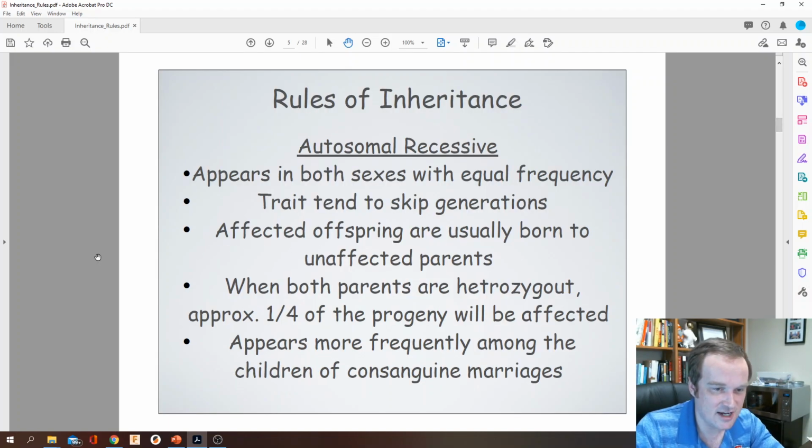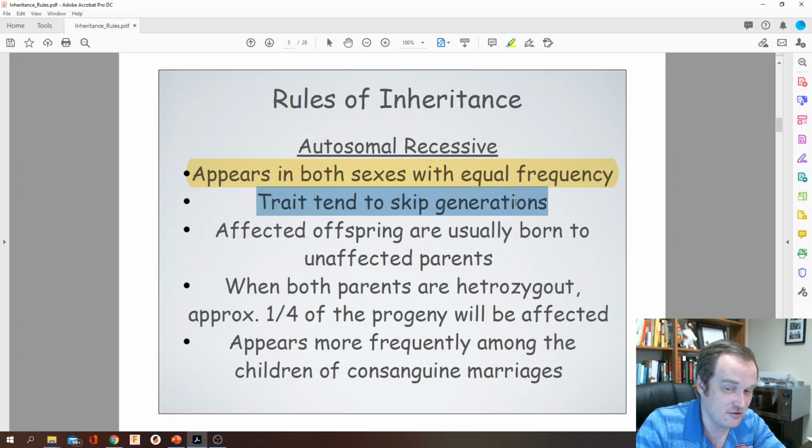So this is the nitty-gritty, the stuff that is going to be very helpful for you in determining what these diseases are. We're going to go through these rules of inheritance. First we have the autosomal recessive. This appears in both sexes with equal frequency, and it tends to skip generations.